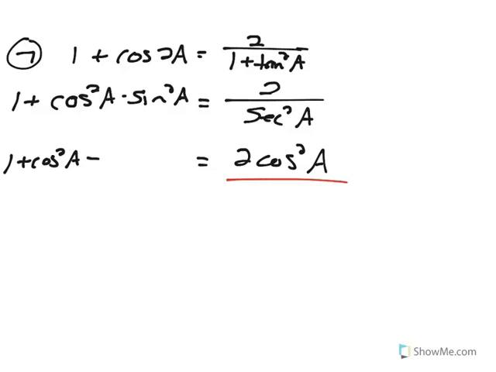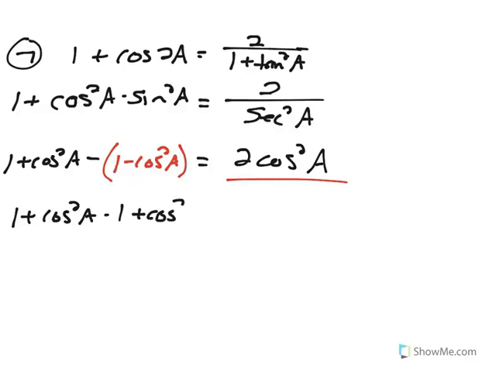I can do so by substituting it with 1 minus cosine squared of a. That comes from the Pythagorean identity, sine squared of a plus cosine squared of a equals 1. And if you solve the equation for sine squared of a, you get 1 minus cosine squared of a. Getting rid of my parentheses, I'm going to have 1 plus cosine squared of a minus 1 plus cosine squared of a.